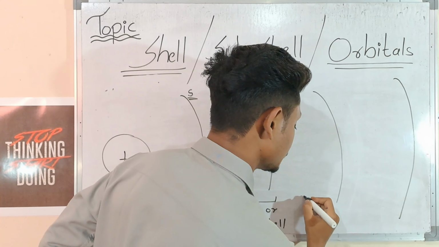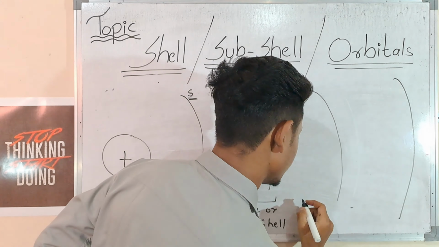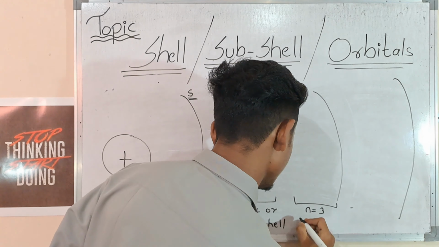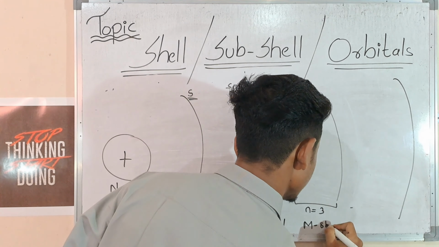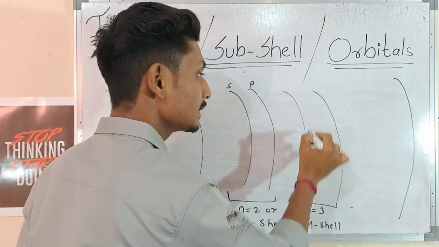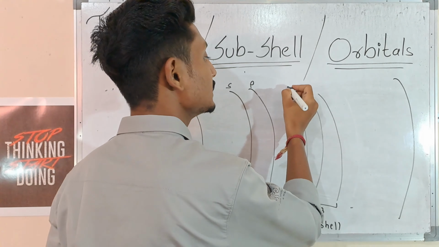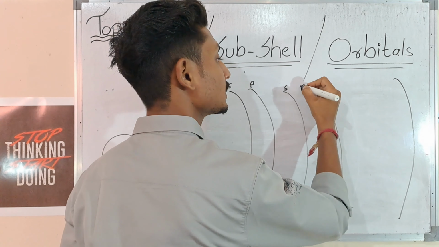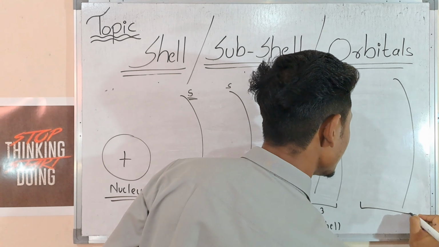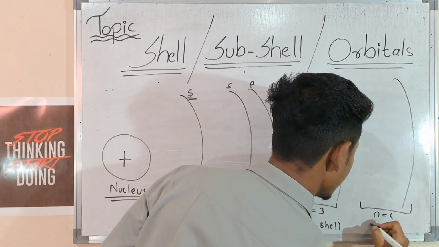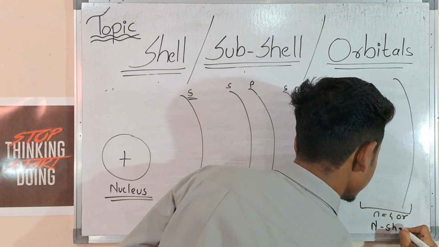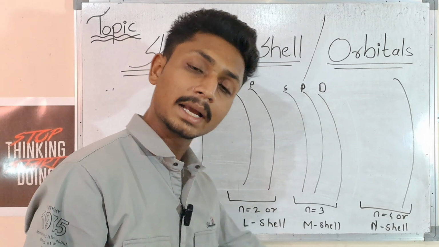Energy level 3 or M shell contains three subshells, which are known as S, P, D. Energy level 4, n equals 4 or N shell, K, L, M, N shell.